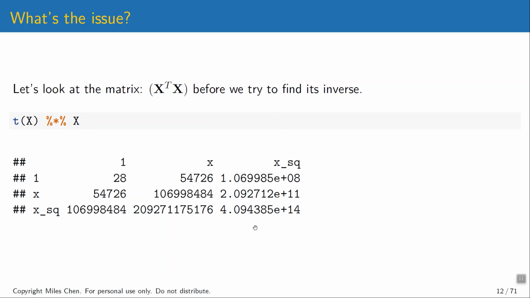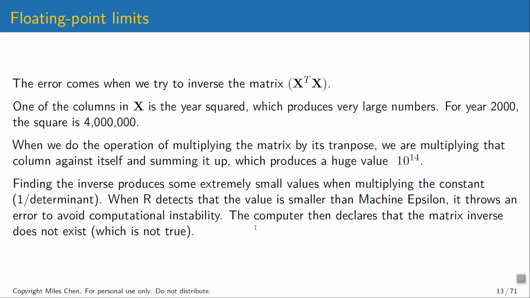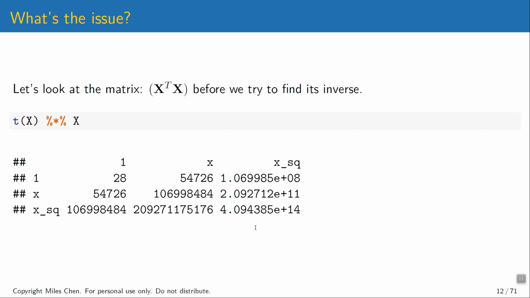I don't know if you remember how to take the inverse of a 3 by 3 matrix, but it requires calculating the determinant and all sorts of stuff. Basically the issue is that because this number is so huge, it creates issues in our floating point arithmetic system, because floating point arithmetic can only show a certain amount of precision.